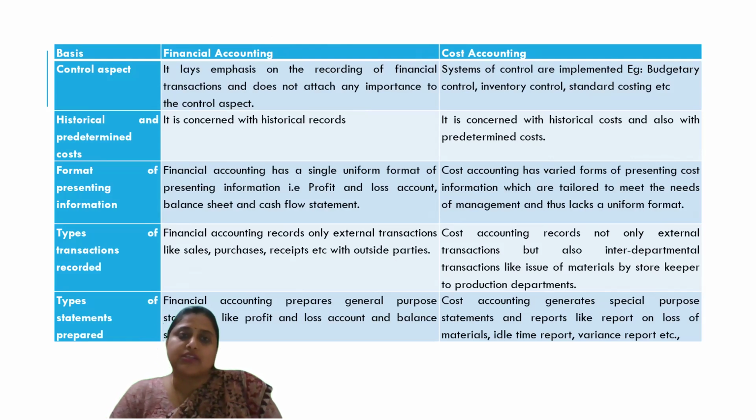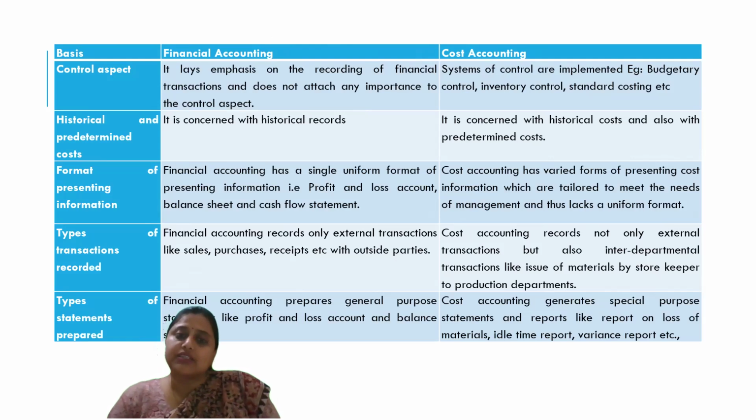Then we are talking about the formats that are used. Generally, in financial accounting, single uniform formats are used for presentation of data. That is, for any company you take, the financial statements are going to look the same. Whereas in cost accounting, there are different forms of presenting the information, sometimes tailored to meet the needs of the management, and they are not very uniform in nature. Then we are talking about the types of transactions recorded.